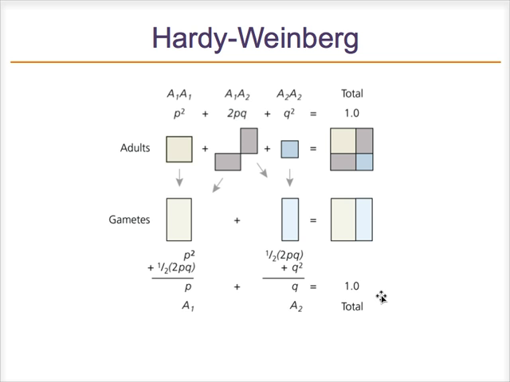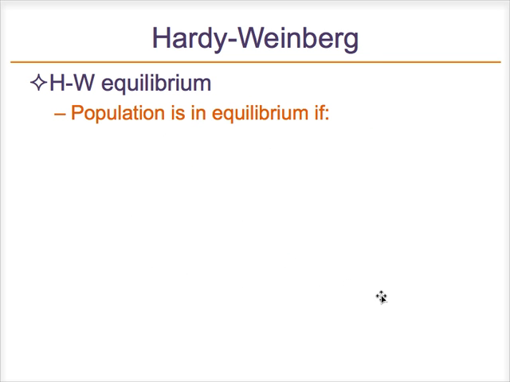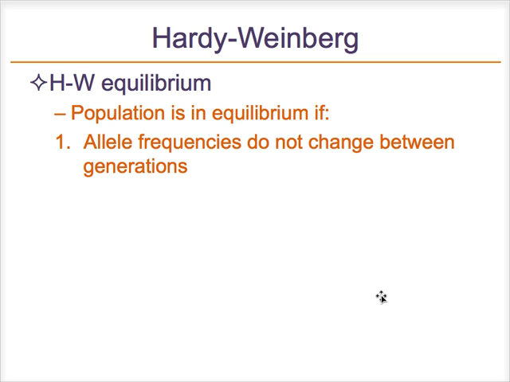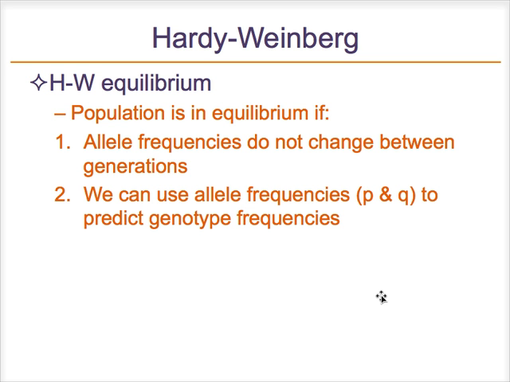So Hardy-Weinberg called this the equilibrium, and they more formally defined it by saying that the population is in equilibrium if these two conditions are met. One, that the allele frequencies do not change from generation to generation, and two, that the allele frequencies can be used to predict the genotype frequencies.